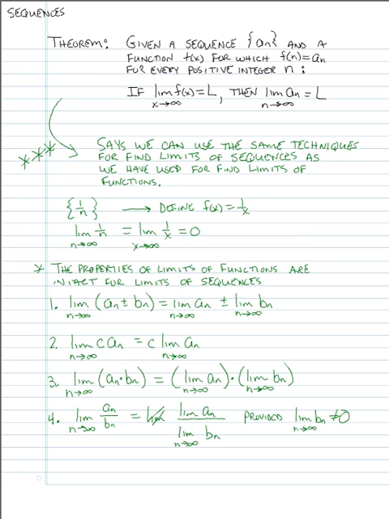And I guess for the record, let me put one more in here that we certainly could use. The limit of the terms of a sequence that are raised to some constant power. Every term is raised to some constant power. Well, that's the same thing as finding the limit of the sequence and raising the limit to that power. We do this naturally anyway.